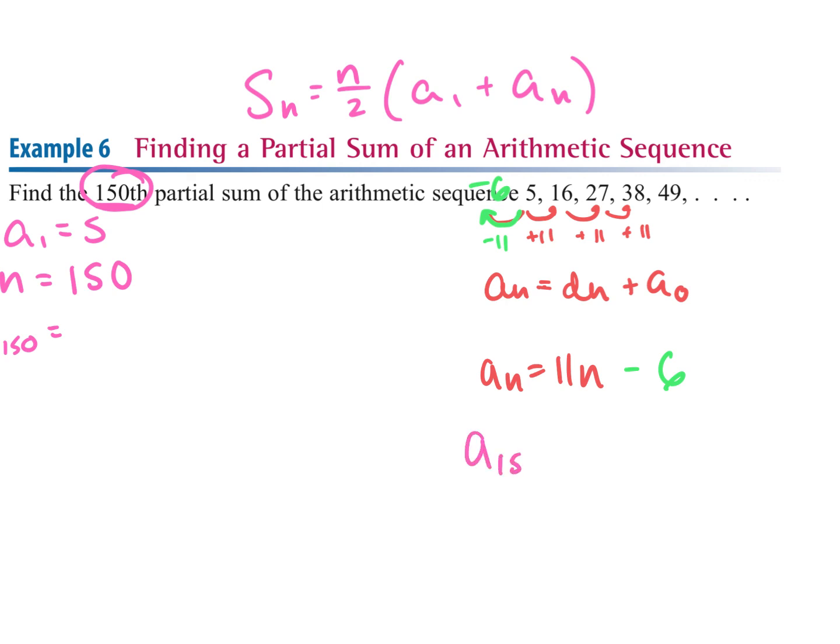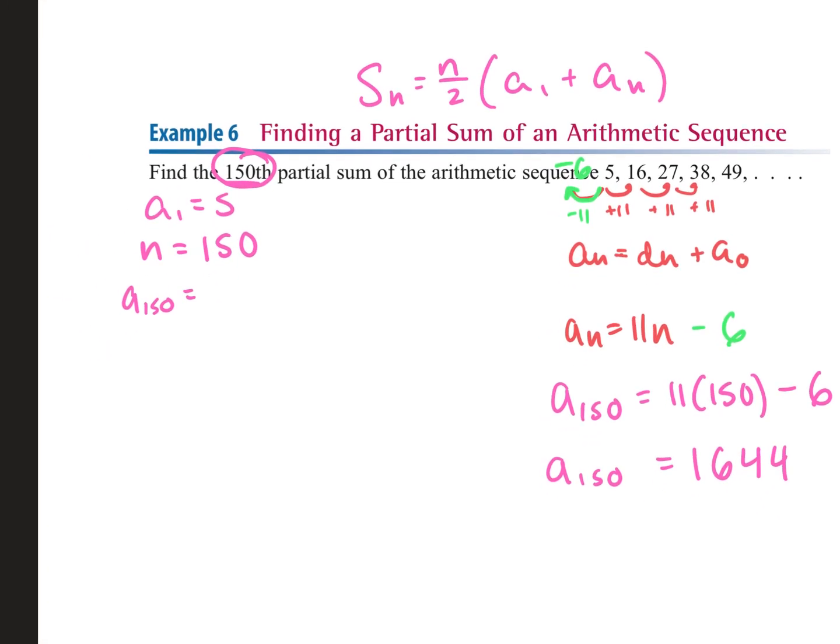So a sub 150 is equal to 11 times 150 minus 6. What do I get when I subtract 6? 1,644. That's my 150th term.